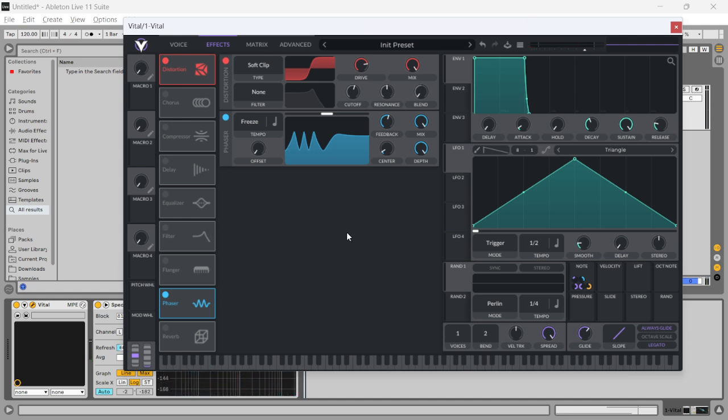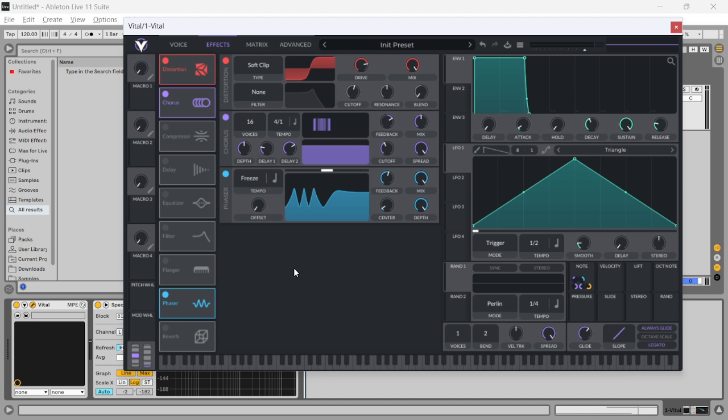Now, here's some personal things: you can apply chorus, and with chorus, you're going to get some unison stuff. So I want to design the chorus, and also here's the personal thing. You can put the chorus before or after, so the distortion is going to act on the chorus.